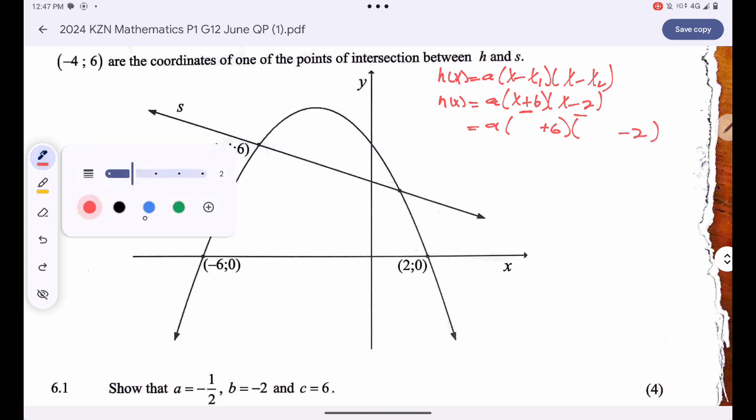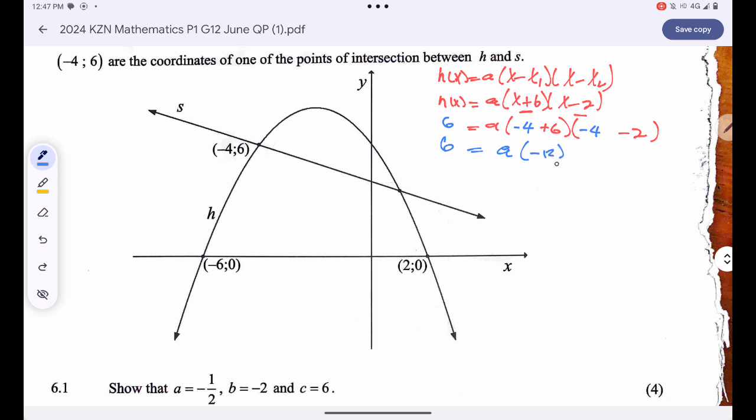I know that y is 6 if and only if x is -4. So I'll have 6 on the other side. I have a multiplied by +2 multiplied by -6, that's just -12.